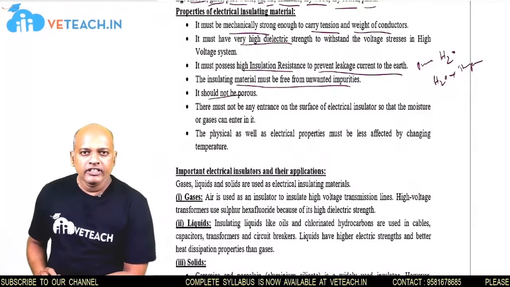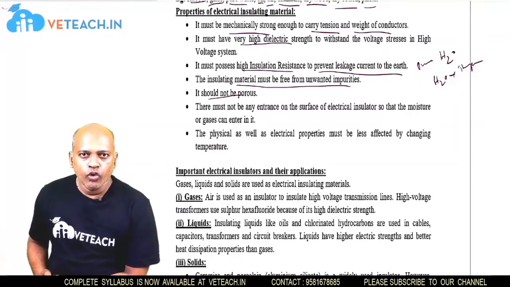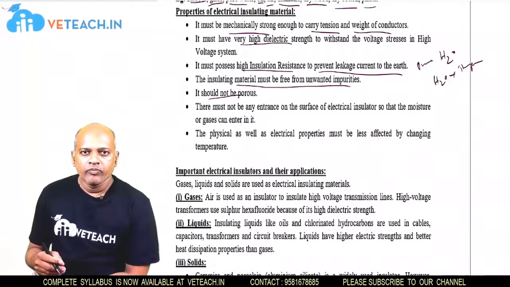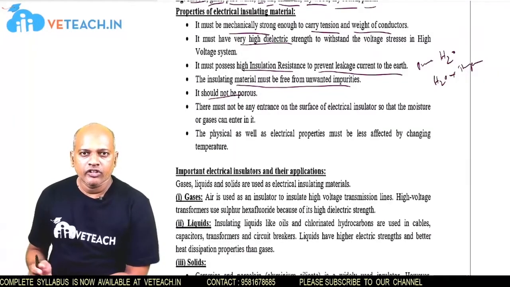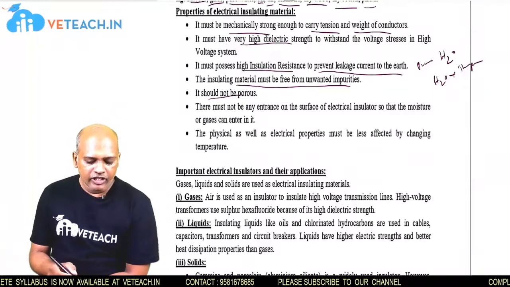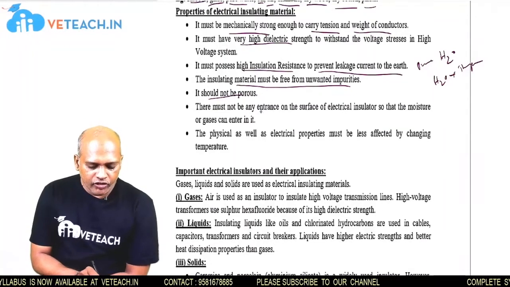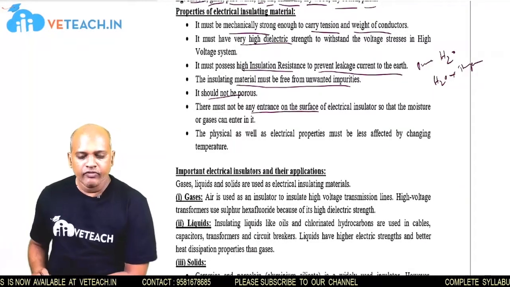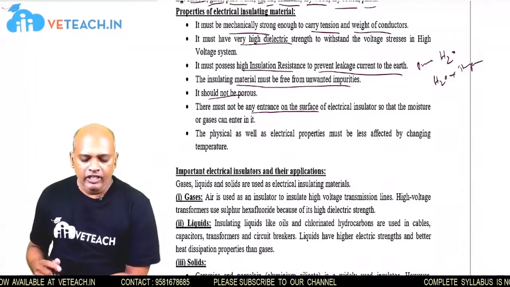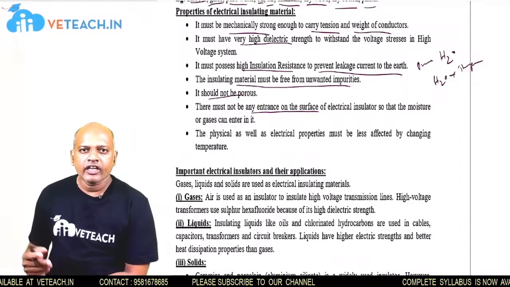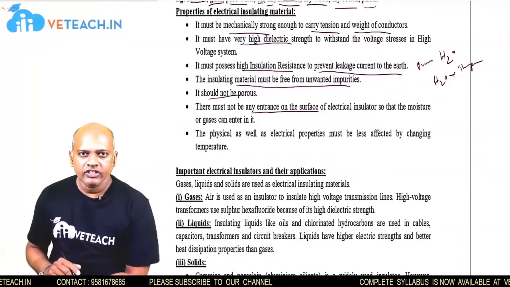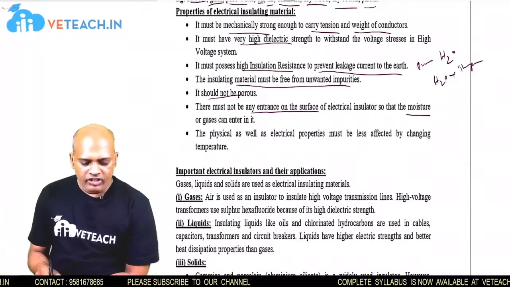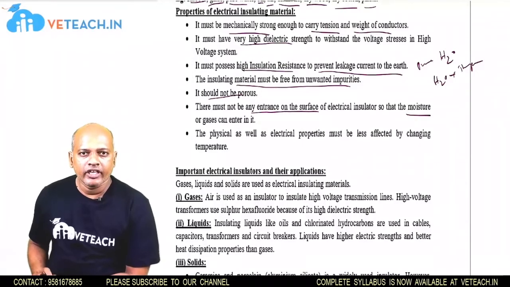Again, the next point is it should not have any pores or passage for air, gas or water molecules onto the surface of the electrical insulating material. That means it should not have any entrance on the surface, because if the insulator contains any entrance or pores on its surface, it allows moisture or gases to enter it.